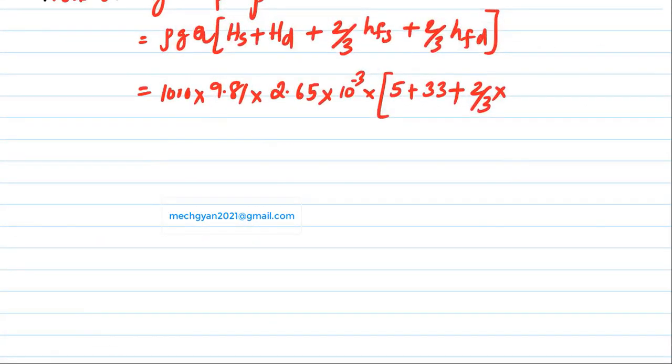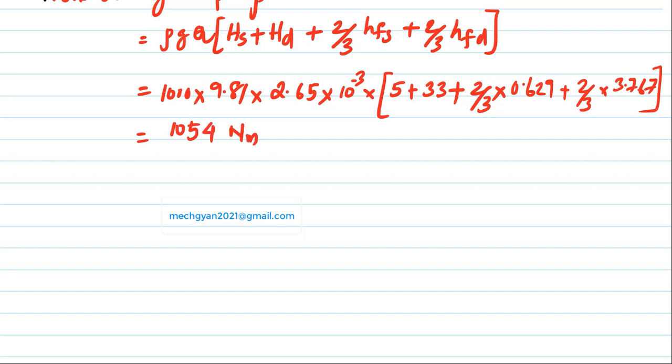So 2 by 3 into 0.629 plus 2 by 3 into 3.767. So when we do it, we will get 1054 Newton meter per second.